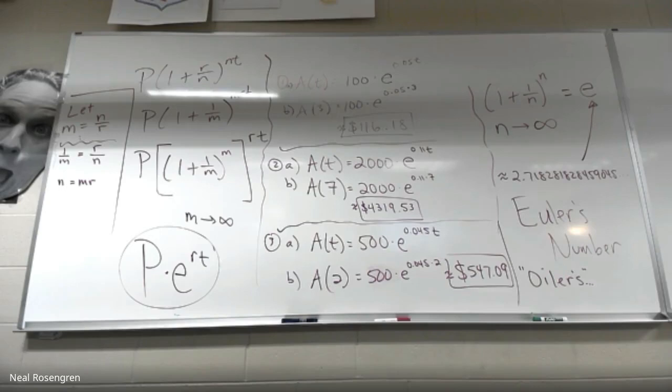So this is both regular compound interest and continuous. That's why at the top of this page I've got both spots for the formulas. You can just write those down so you don't have to look at that. Let me put this on Canvas for the folks at home.